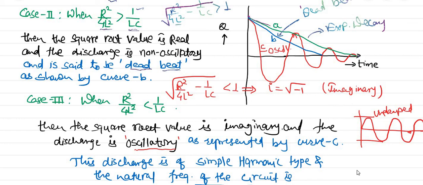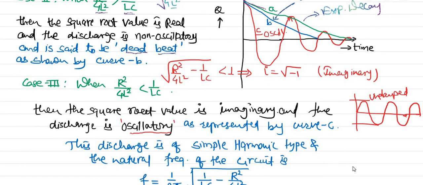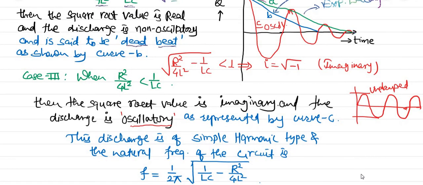So the final third case is shown by the red color curve, and here this discharge is called the simple harmonic type, and the natural frequency of this circuit is given by f equals 1 by 2 pi under root 1 by LC minus R square by 4L square. I have taken this first term first because otherwise this would be a negative value, so we have written minus 1 outside.